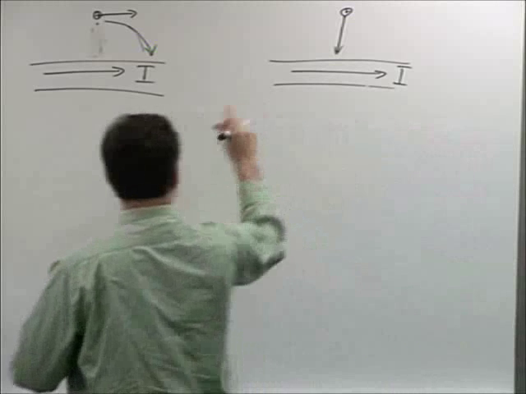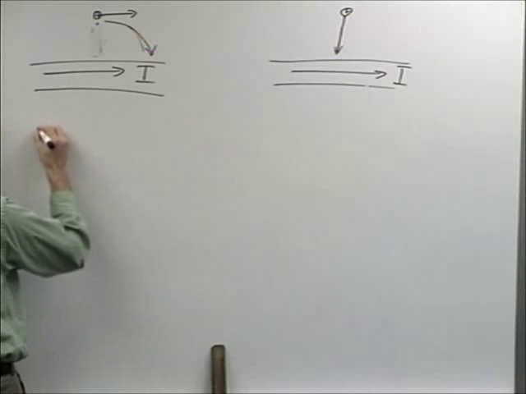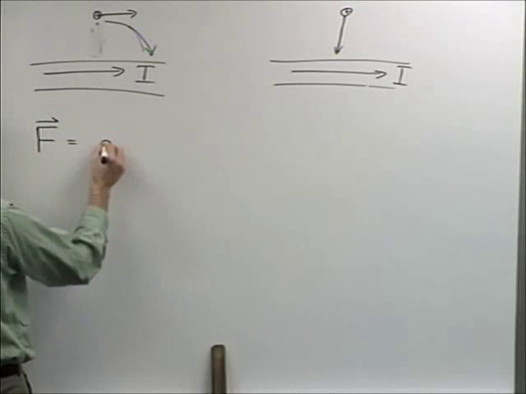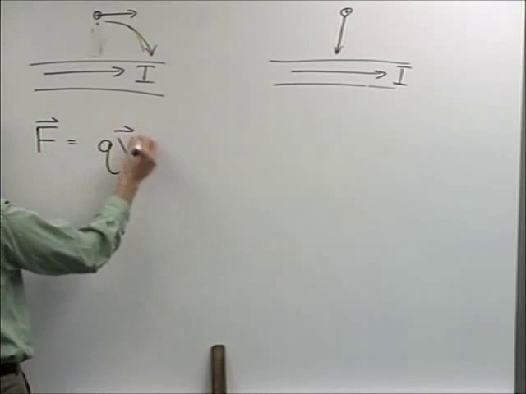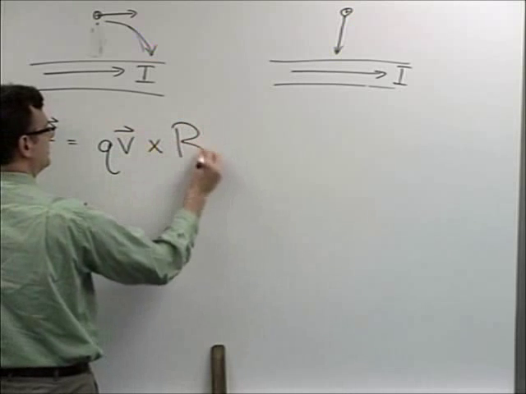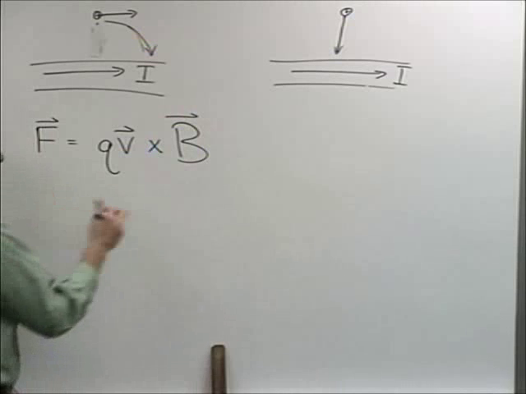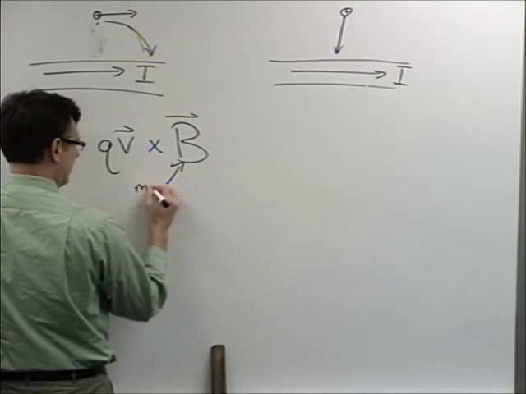And of course, all this time we're discussing force, which is equal to a scalar charge times its velocity vector, crossed into the magnetic flux density. We call this the magnetic flux density in electrical engineering.